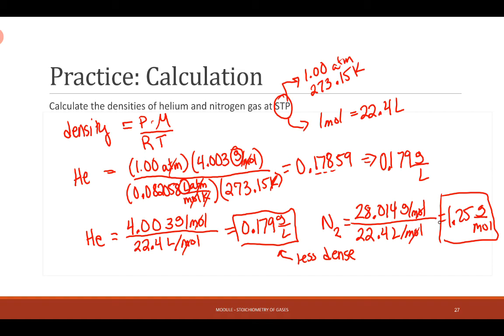What's also cool about this is that it means that balloons filled with helium float. And so that's why helium balloons float in air.